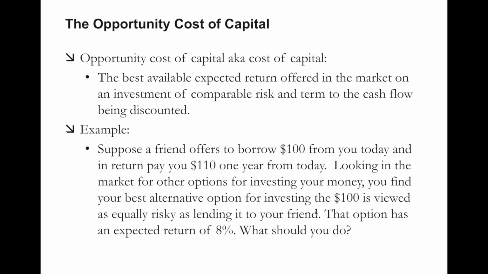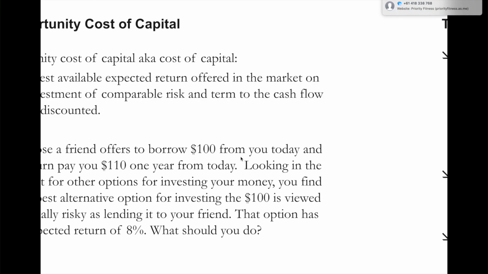So if I don't lend it to my friend and invest in a similarly risky project, I would get 100 times 1.08, which is $108 after 1 year. But if I lend my money to my friend, I will get $110.